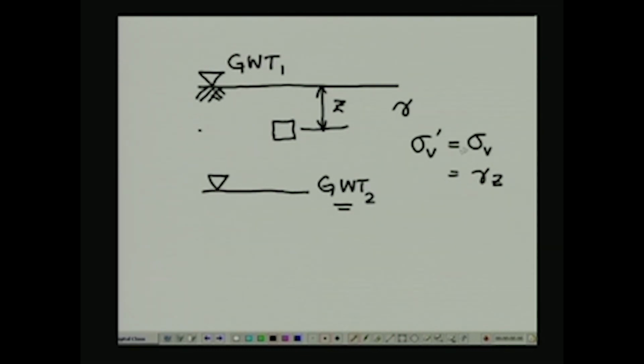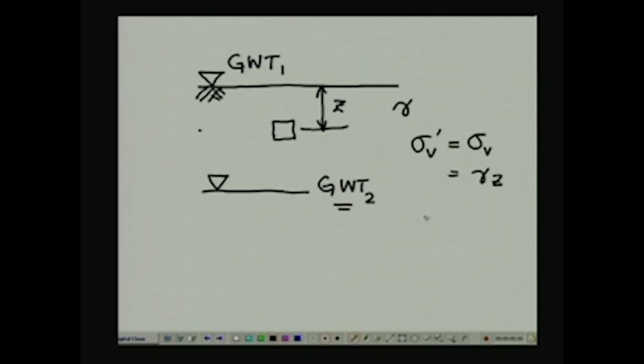Okay, so that was the state of consolidation, or the state at which the soil element got stabilized when the groundwater table went down to the deeper location, and then finally the groundwater rose to the surface.